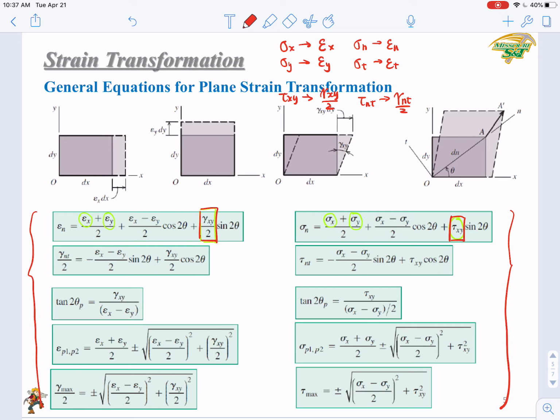The second one, the same way: tau xy here, gamma xy over 2 here, and tau nt here, gamma nt over 2. Then in the third equation, on the stress side, you have over 2 here, but you don't have over 2 here.